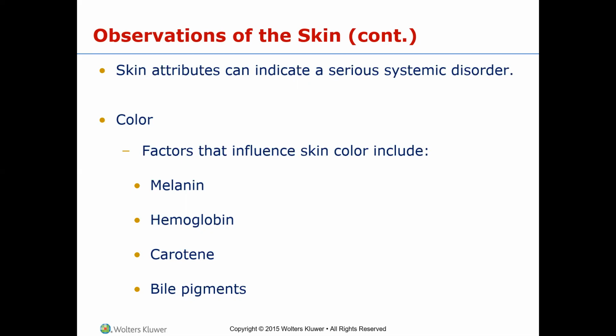And when you see the pinky color or the rosy color, it's due to that hemoglobin, which is attached to the red blood cells or inside. We also have carotene, which can be associated with the consumption of carrots.